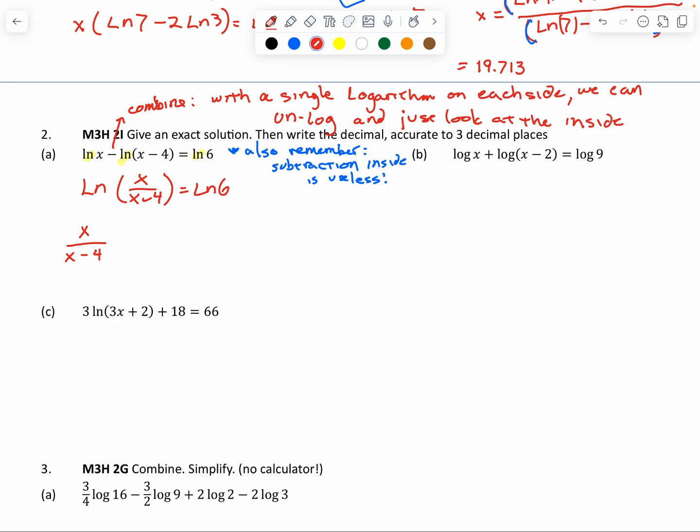Multiplication and division inside, addition and subtraction outside. Then we can just compare insides. Cross multiply. So negative 5x is negative 24.